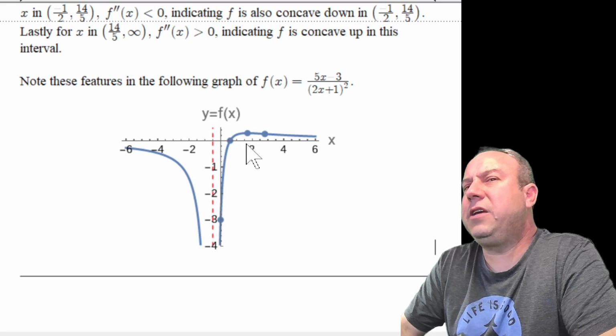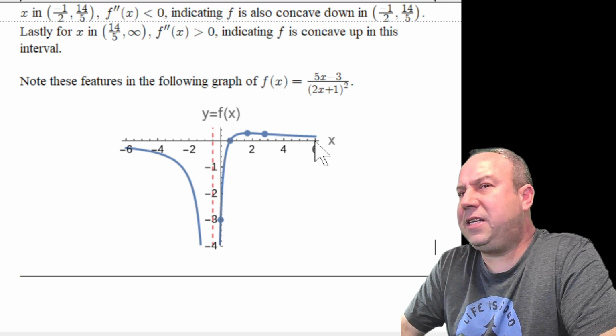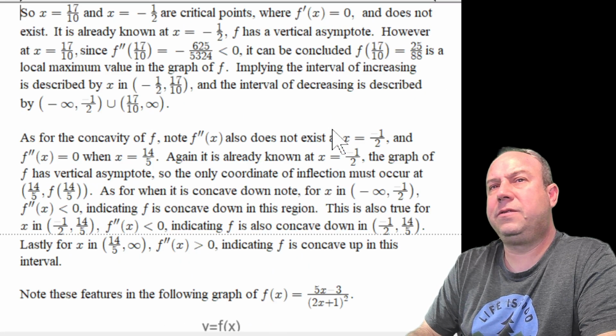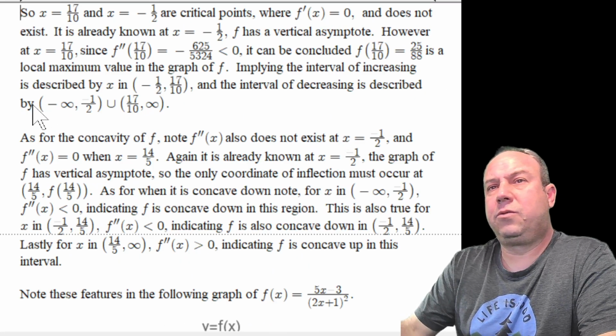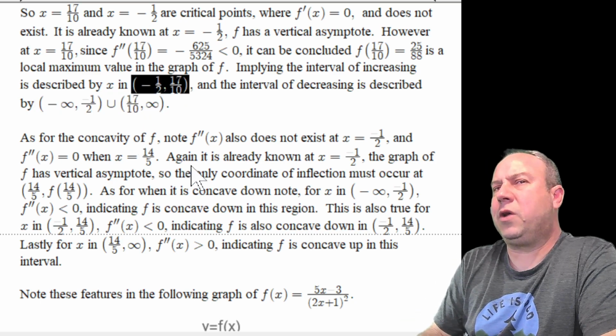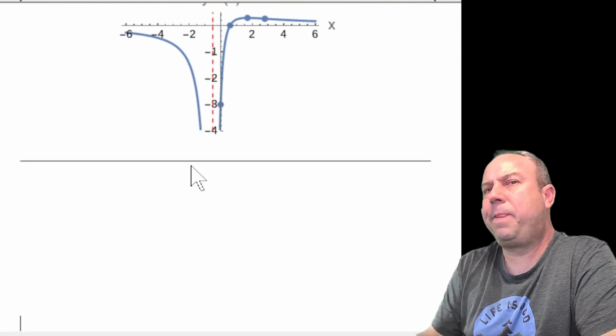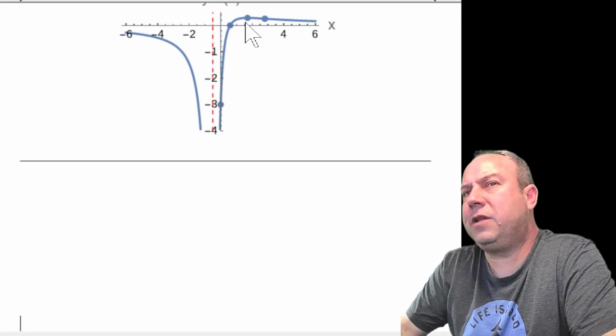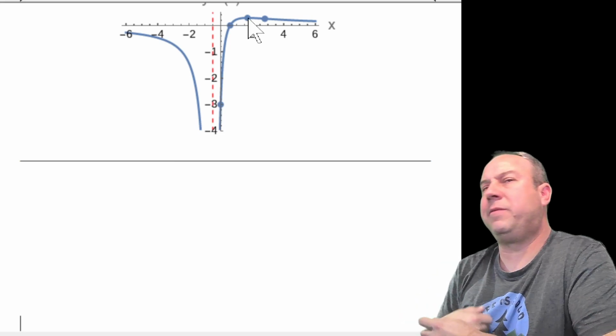And we are decreasing from that 17/10 out to positive infinity, which is what we said above.